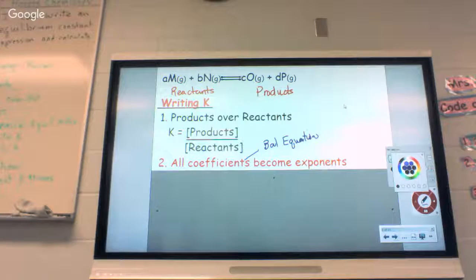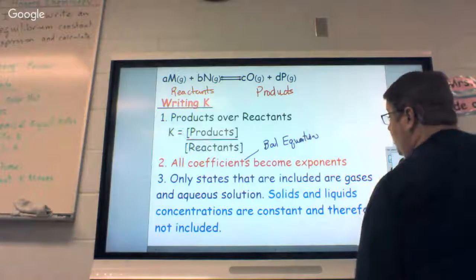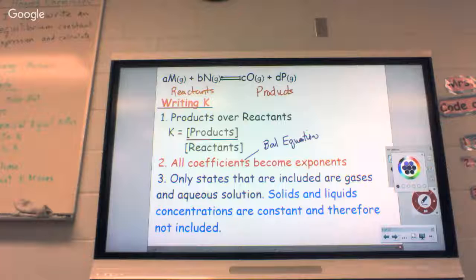And the last one is the longest one in terms of what to write, but it's pretty easy. Only states that are gases and aqueous are included. If the states are not gas and aqueous, you mark it out. You cancel it. Solid and liquid concentrations are constant.